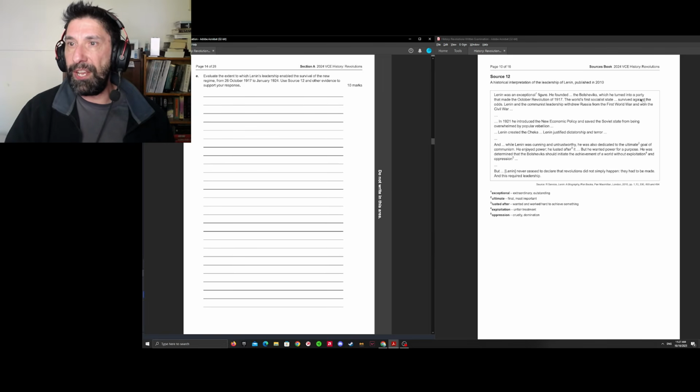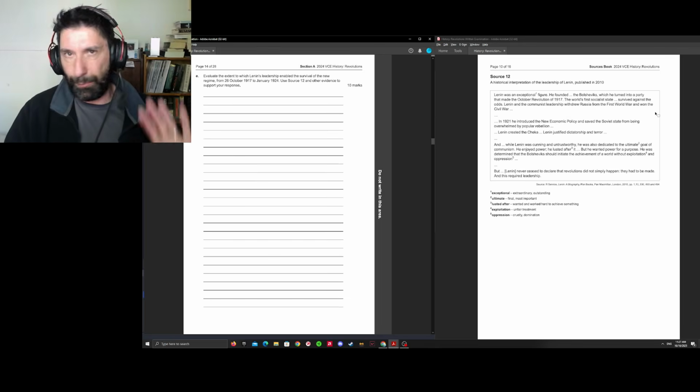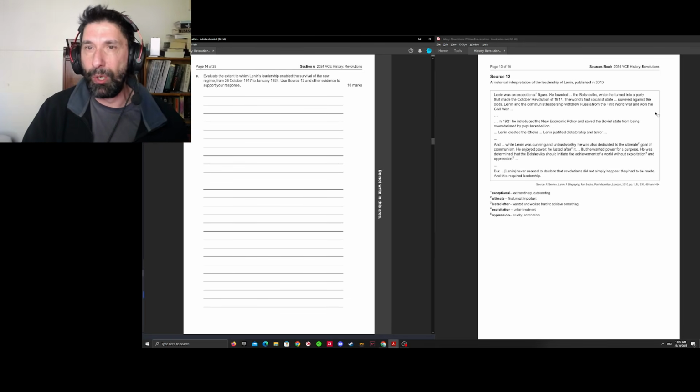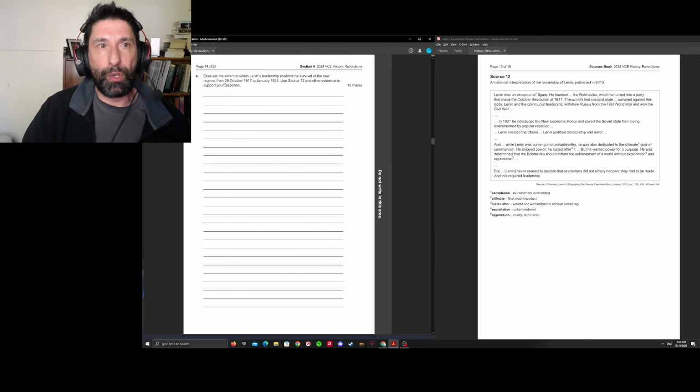If we keep going, after the First World War, there's this reference to won the Civil War. So you could quote this part of the source, won the Civil War, and then you could make various other points, so much to write about the Civil War, and particularly you could talk about Trotsky and Trotsky's role. And that is not Lenin, so your view might be that yes, Lenin's leadership was significant.